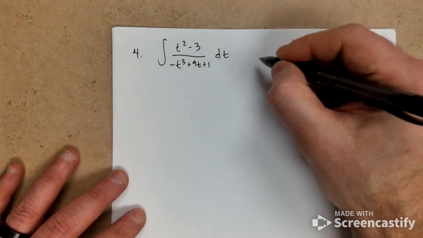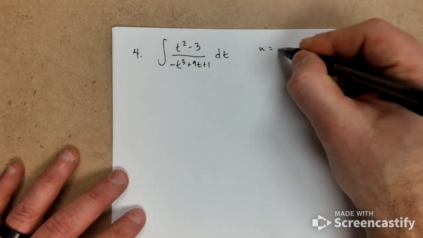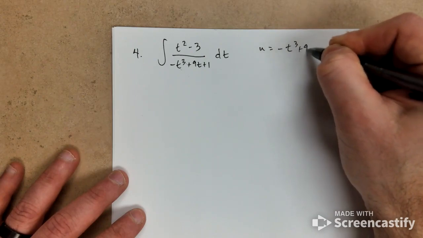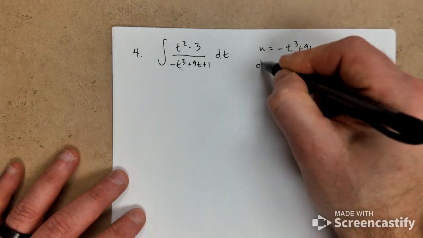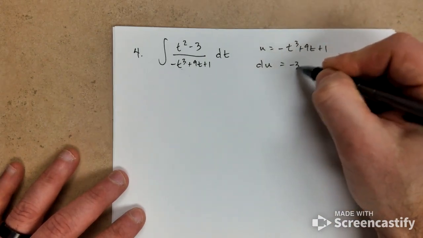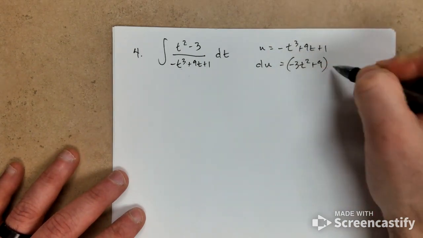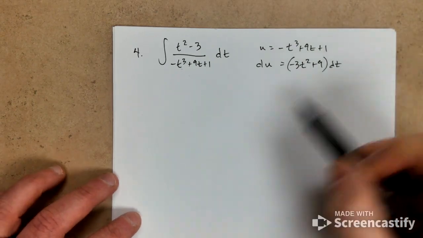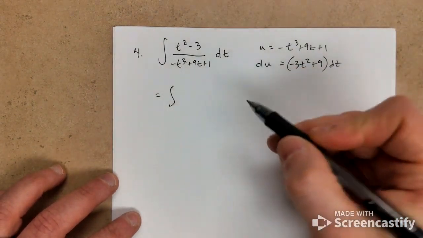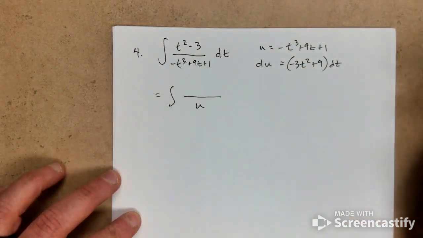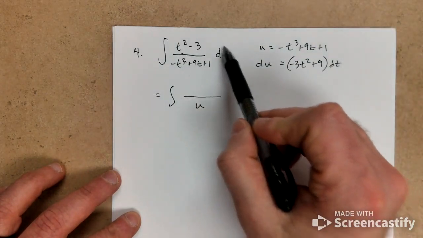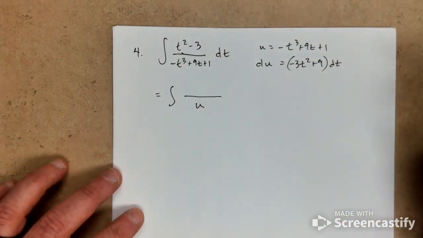All right. I'm going to let u equal negative t cubed plus 9t plus 1. So du equals (negative 3t squared plus 9) dt. So right now I have the integral of u in the bottom, but I want to replace the t squared minus 3 dt.